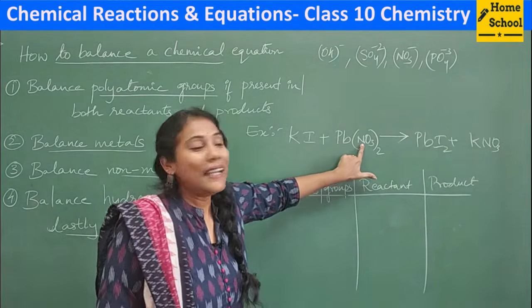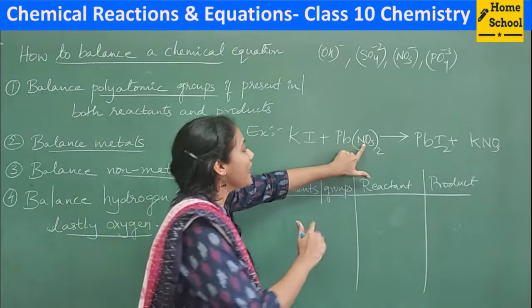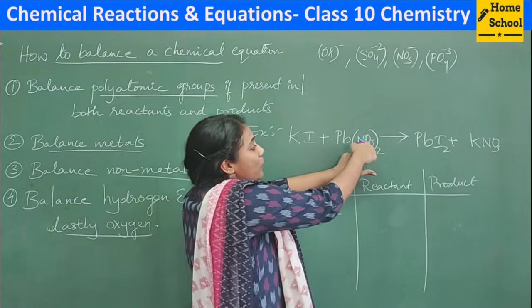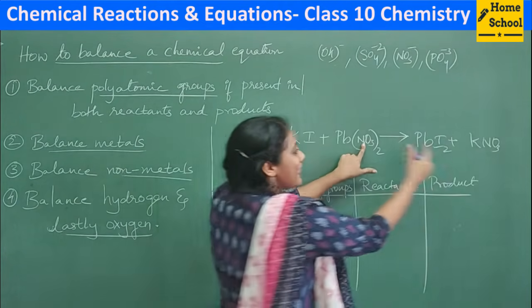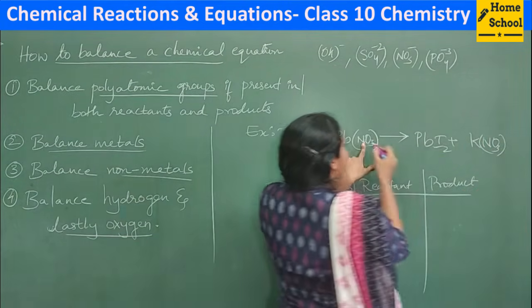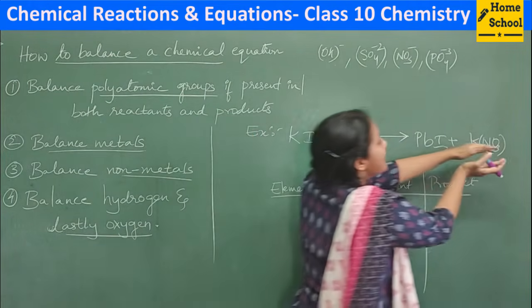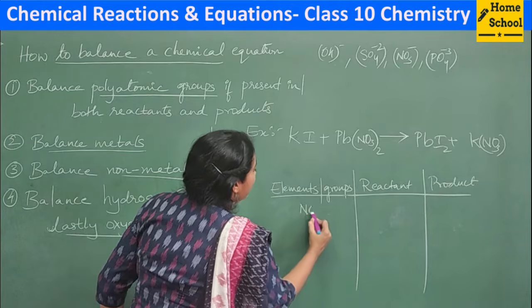See, NO3, lead nitrate. Nitrate is a group. So yes, the NO3 group is there. And check whether this NO3 is there in the products also. You see KNO3, yes, the NO3 group is there on the reactant side and on the product side also. So that NO3 group you take here.